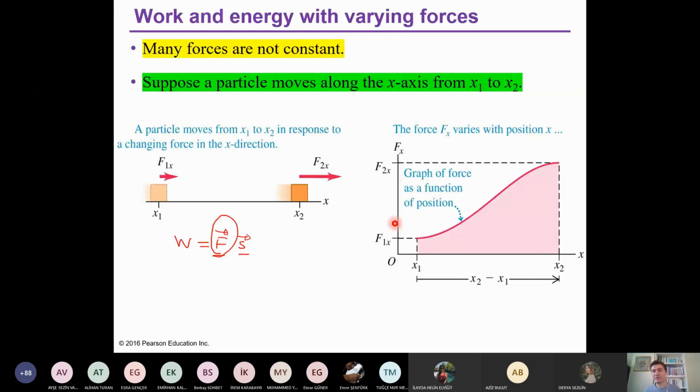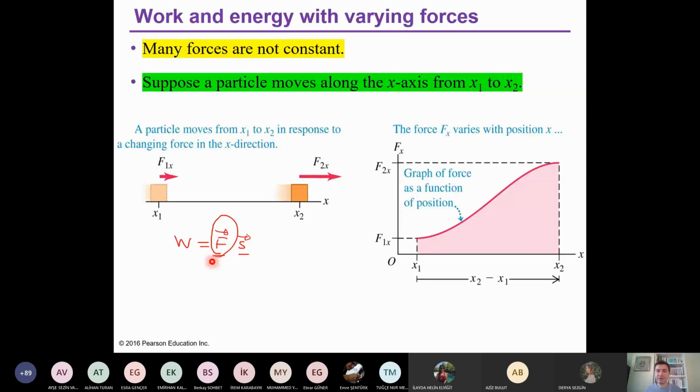And with changing position, the force is also changing. It is increasing, right? So finally, at position 2, we have much higher force compared to position 1. So here we have a varying force. What about the work done by these forces acting on this box?